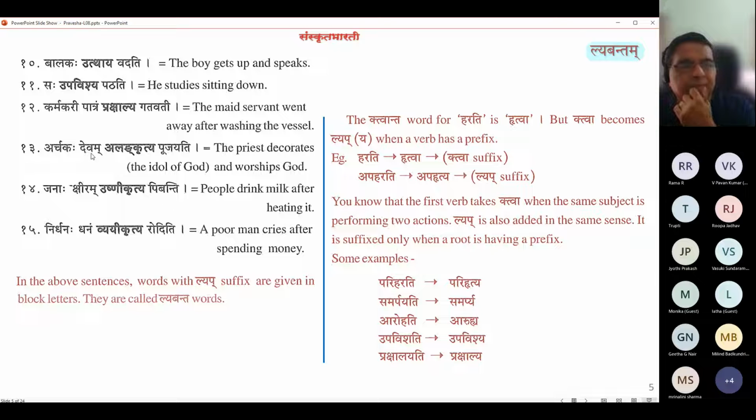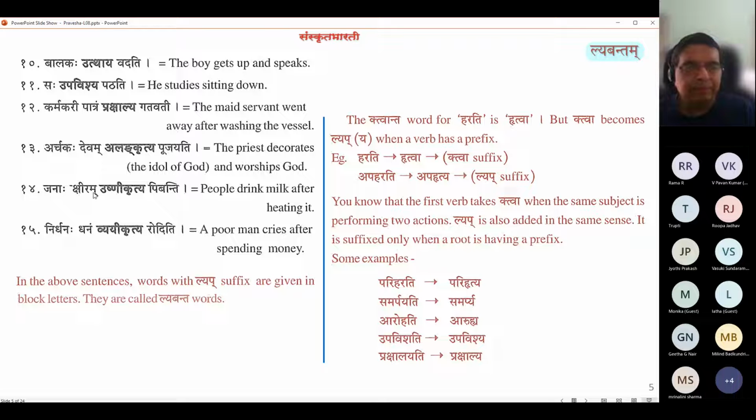Archakaha devam alankritya pujayati. The priest decorates and worships the god. I mean, the decorating is put onto the idol of God, because decoration is for the idol and the worship is for the eventual God.